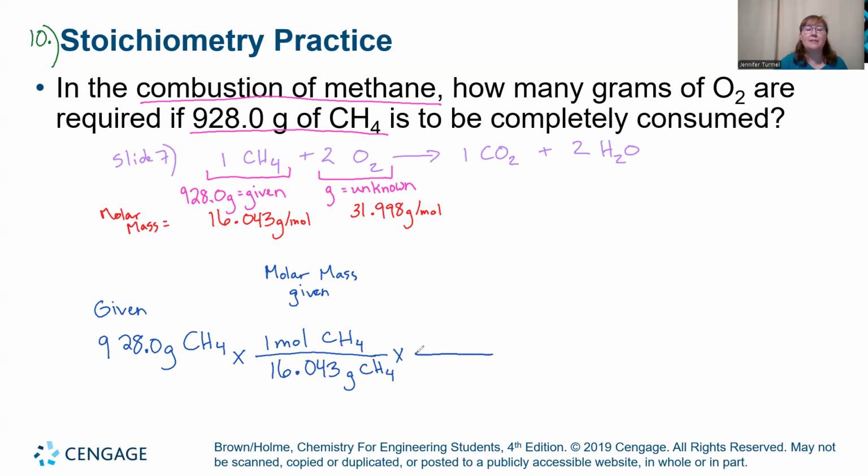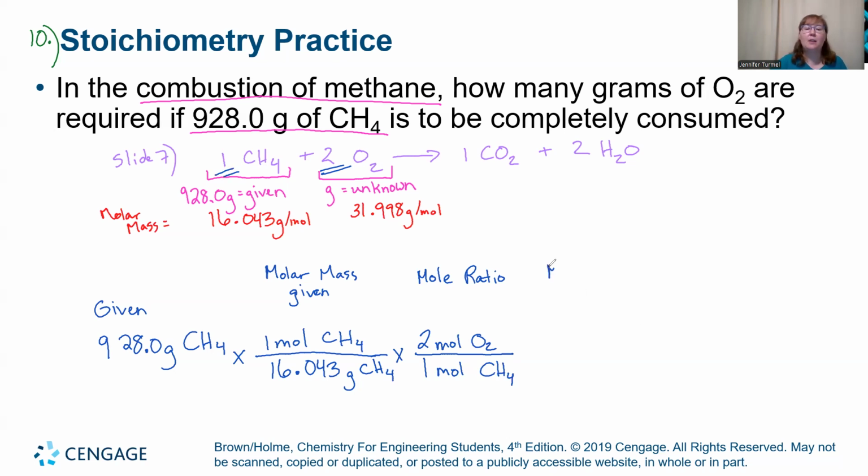The next piece that we'll need here is our mole ratio. And it's always unknown over known. So this becomes 2 moles of O2, and that's this 2 here from the balanced equation, per 1 mole of CH4. Right there. Okay.